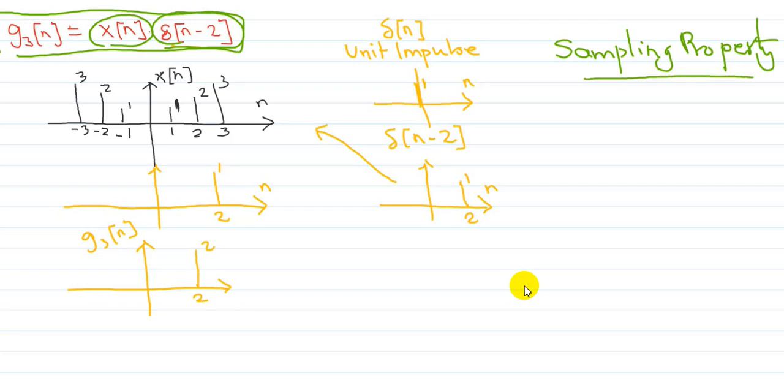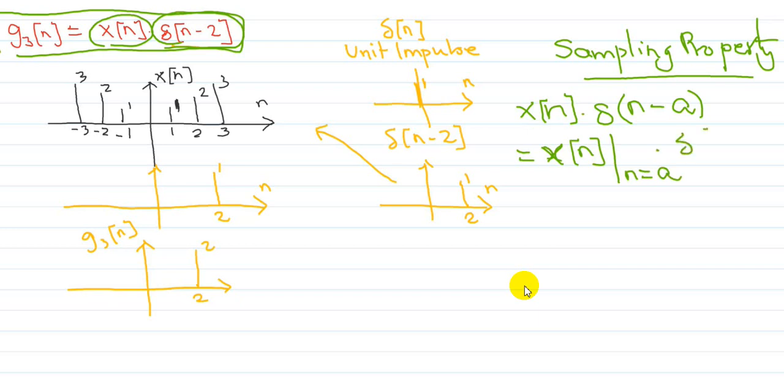What is the sampling property of impulse? The sampling property of impulse tells you that if I have a given signal x of n, and if we multiply the signal with some impulse, for example delta of n minus a, then this will be equal to x of n at the value of n equal to a, into delta of n minus a, which is basically equal to x of a into delta of n minus a.